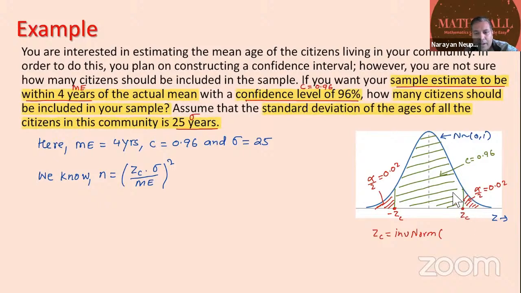The area in green is 96% and the area in red is 2%. So everything to the left of z critical is 96 plus 2, or 98%, which is 0.98. Mean is 0, standard deviation is 1. Please use your calculator, inverse normal, and tell me what you get for z critical.